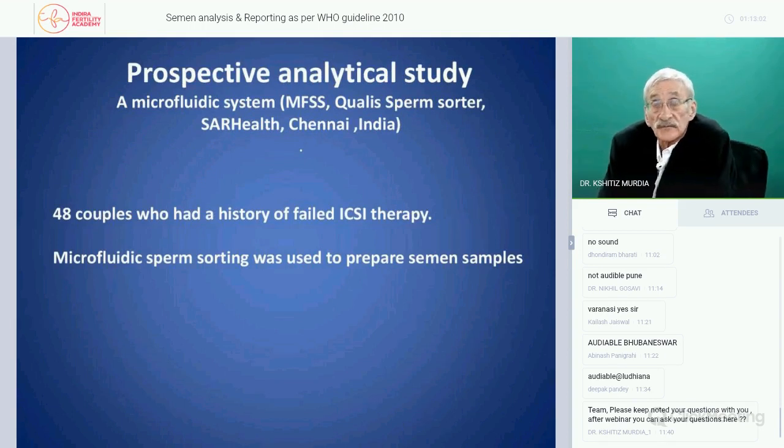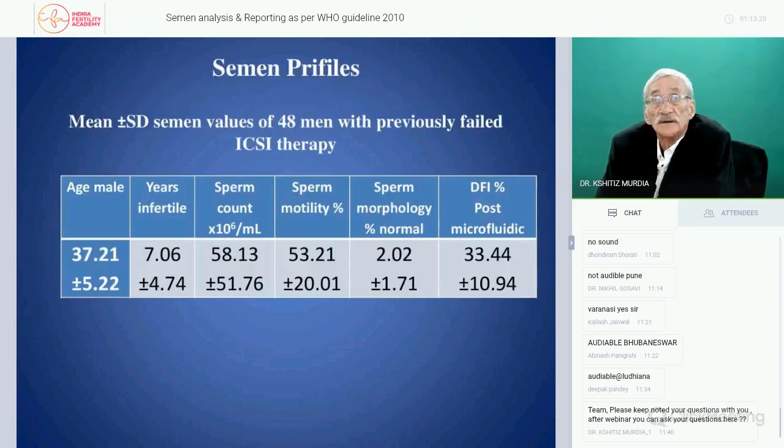So a prospective analytic study was developed, taking 48 couples who had a previous history of failed ICSI therapy. The microfluidic system was used to prepare the semen sample for ICSI. These were the parameters of the men used.